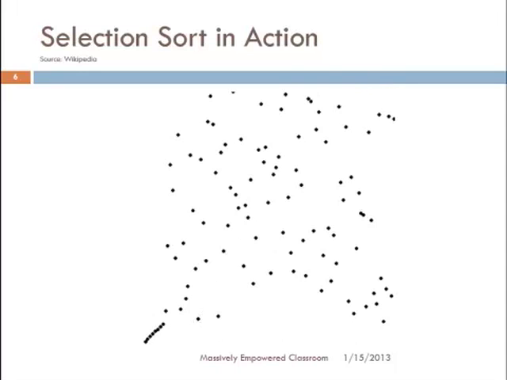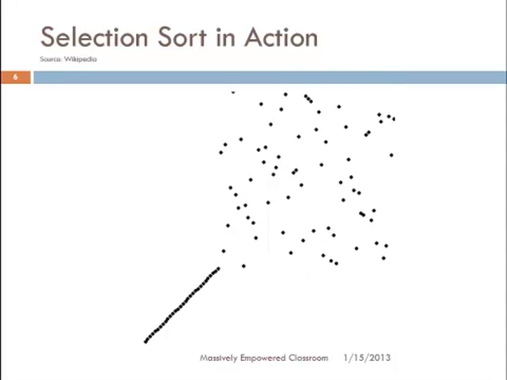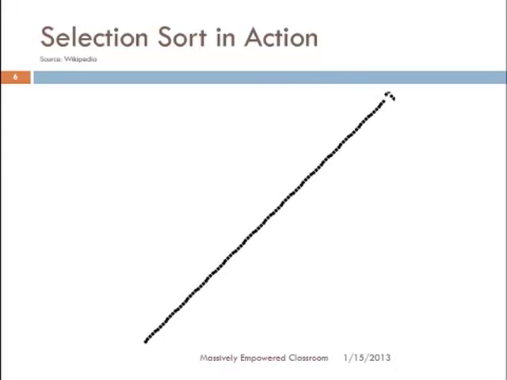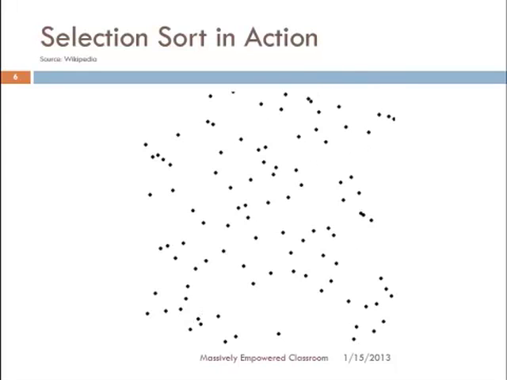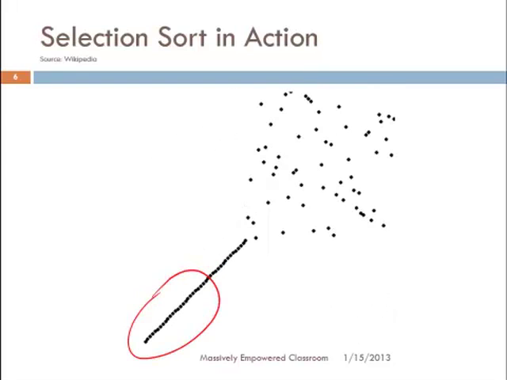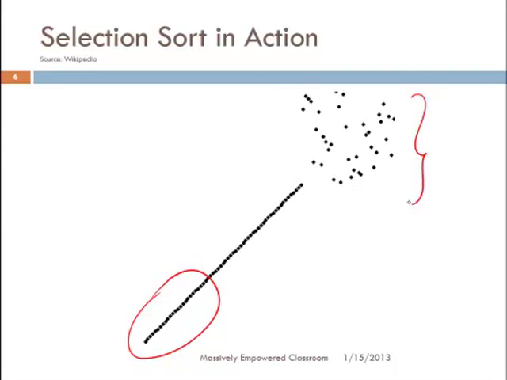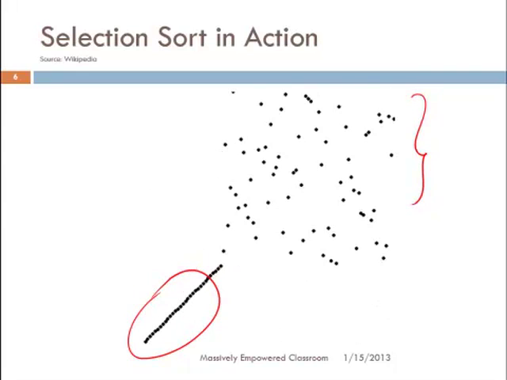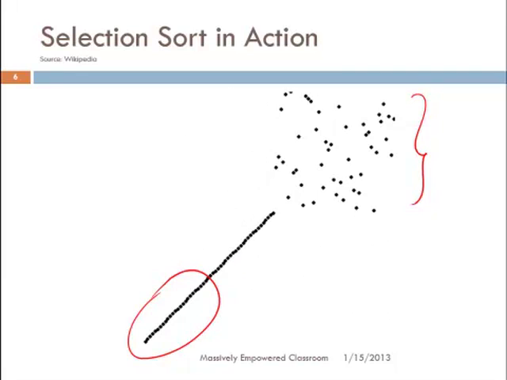So again, what is happening is the smallest number, which is the dot with the smallest y coordinate, is selected and it is shifted to the left of the screen. So the numbers in the bottom left part of the screen are sorted, and the numbers towards the top right of the screen are yet to be sorted. So as selection sort progresses, more and more dots are falling in place, in the sorted order, and the last point to be sorted is the one with the highest y coordinate.